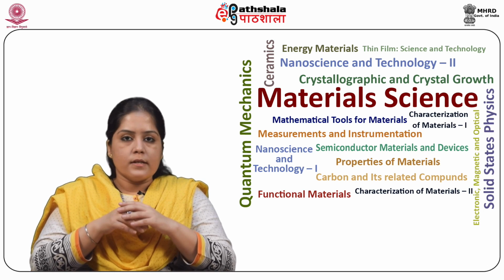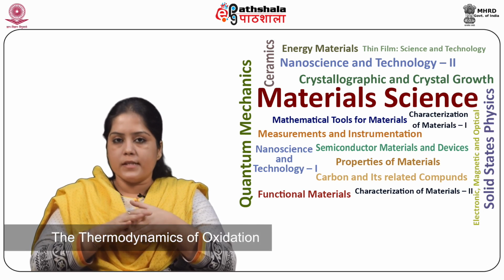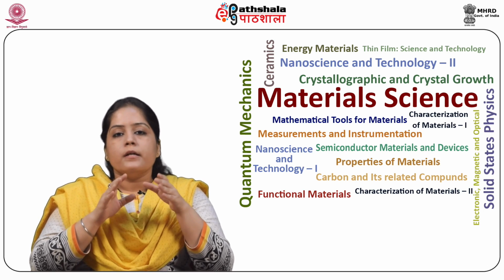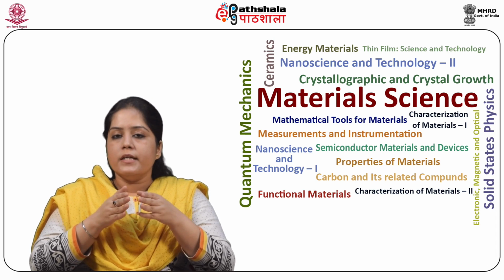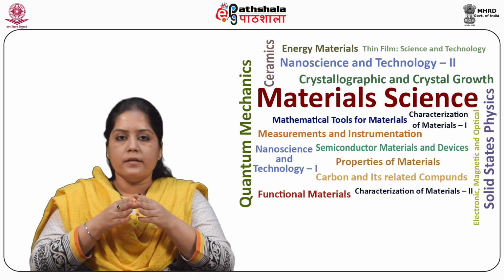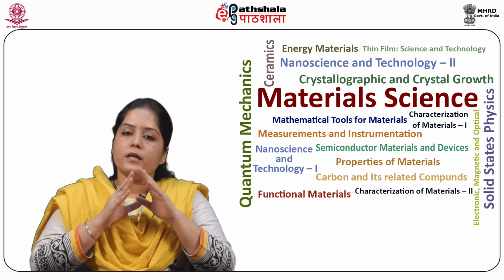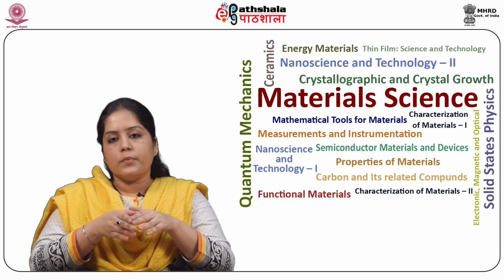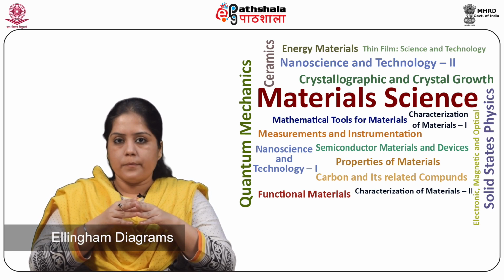Now students, let us discuss the thermodynamics of oxidation. The equation is given by delta G degree equals delta H degree minus T delta S degree, and the plots between delta G degree and temperature are known as Ellingham diagrams.